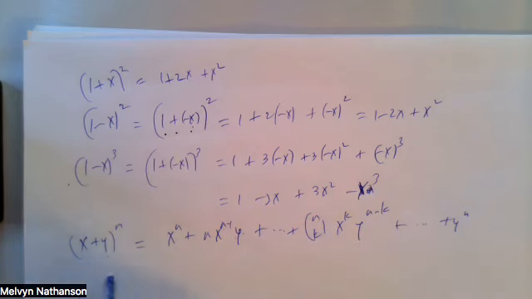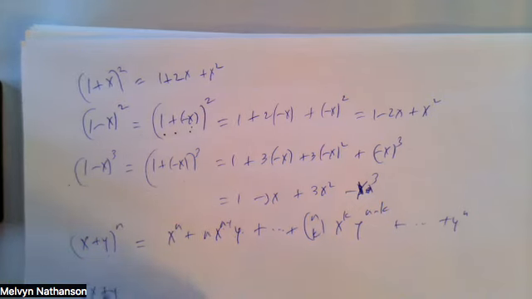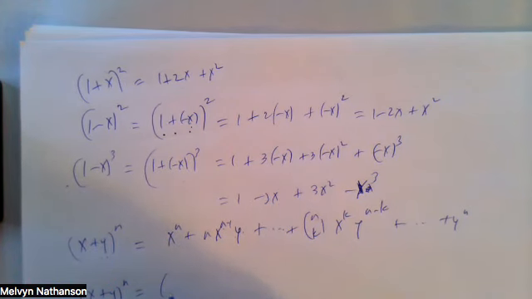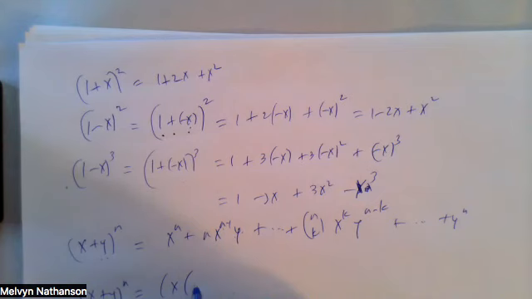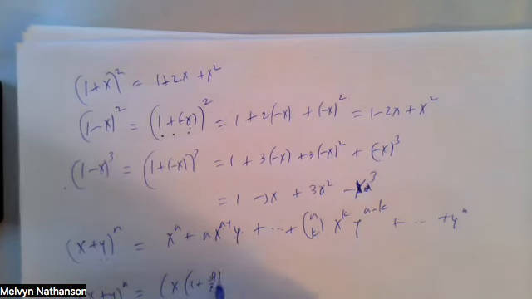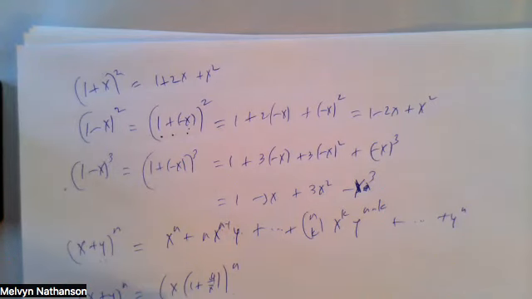You could actually get this from the same. You could write x plus y to the n as x times 1 plus y over x, all to the n, because x times 1 plus y over x is x plus y.